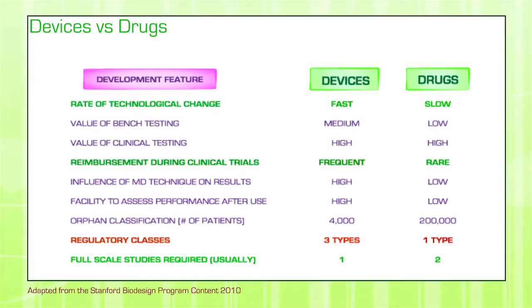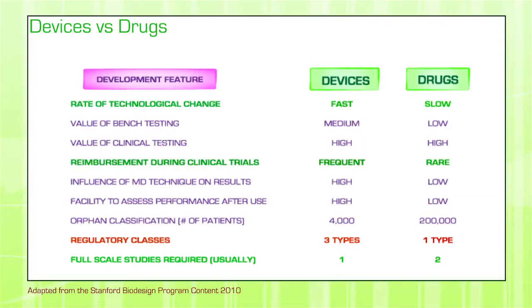So you're going to see that the influence of technique is very high on devices. The facility to assess performance after use is actually impressively higher in devices because of the way they are done, and also because of the same technological characteristics that make trustability of medical devices higher than for drugs.